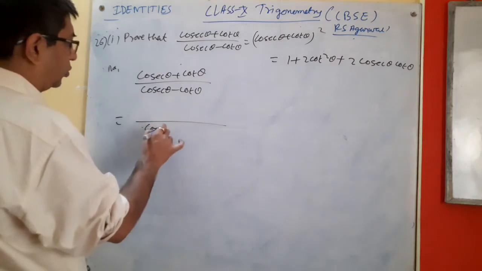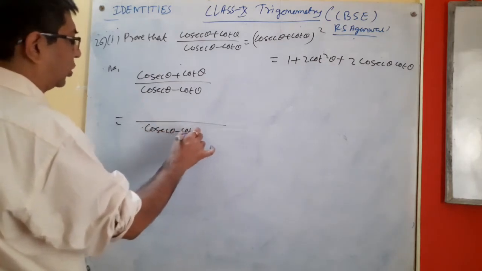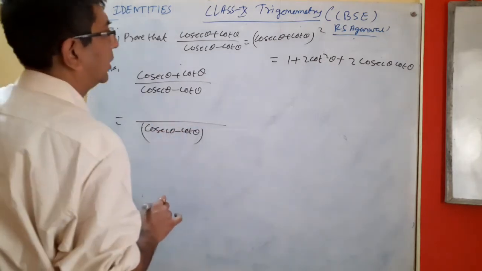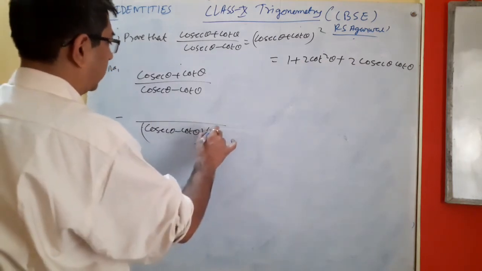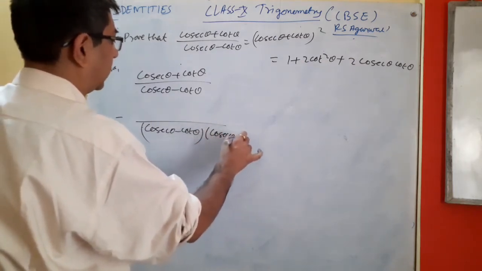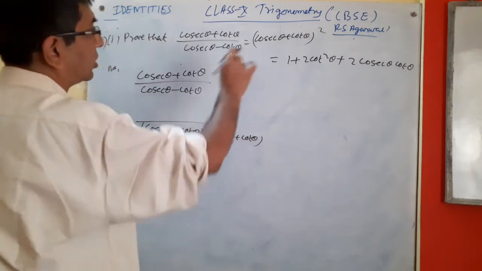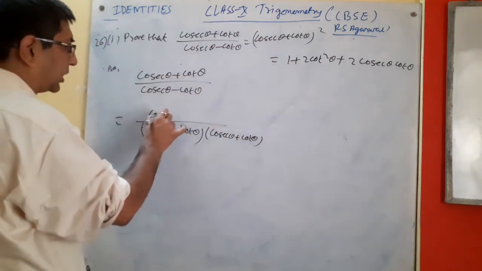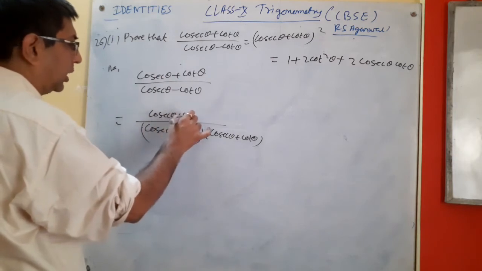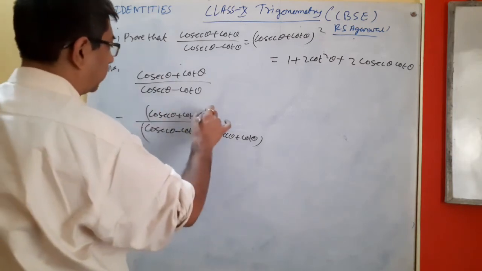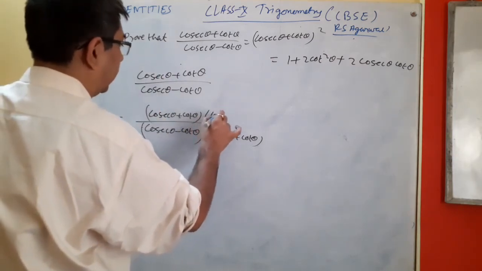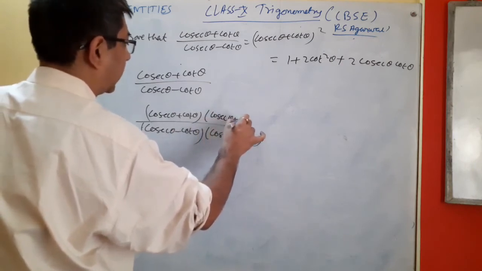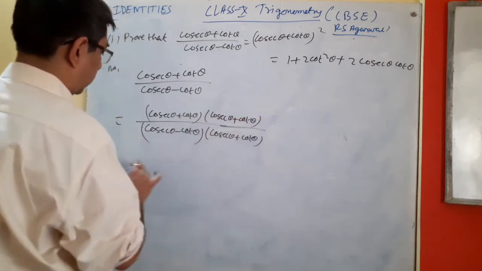Multiply numerator and denominator by cosec theta plus cot theta. Why? Because we need (cosec theta plus cot theta) whole square, but here is only cosec theta plus cot theta. That is why we are multiplying by cosec theta plus cot theta. So what we are getting?